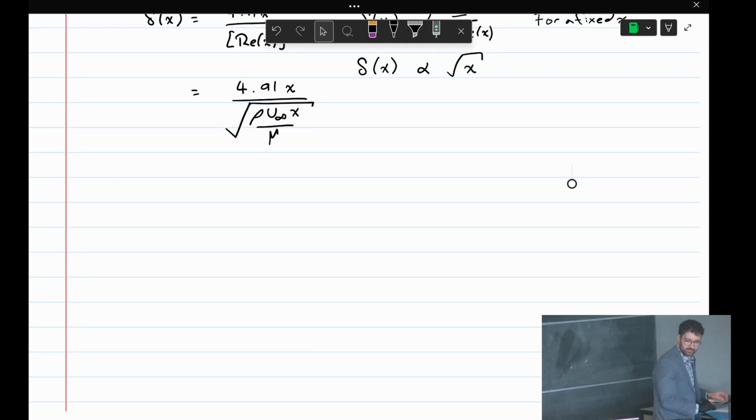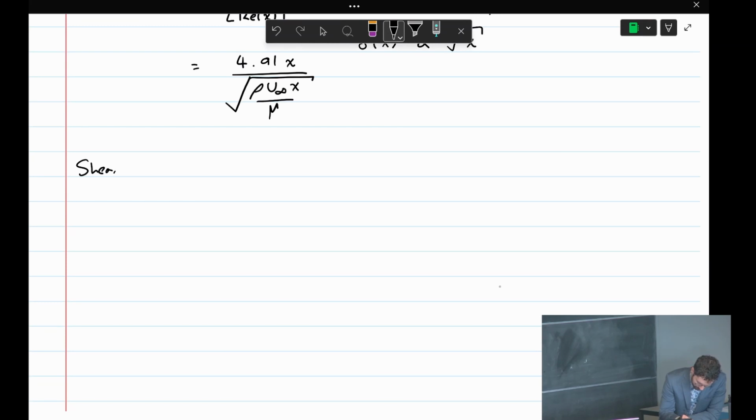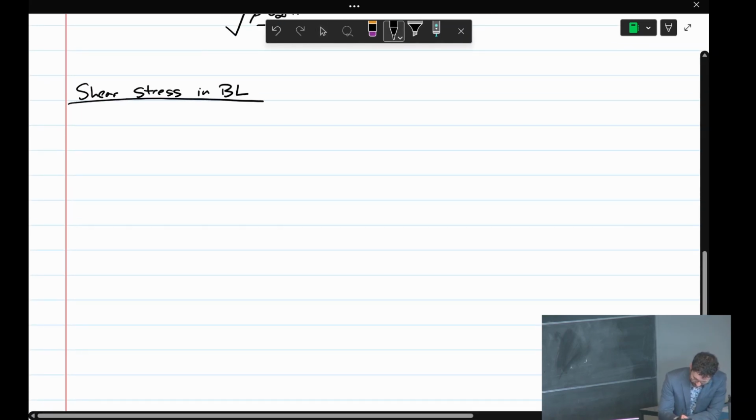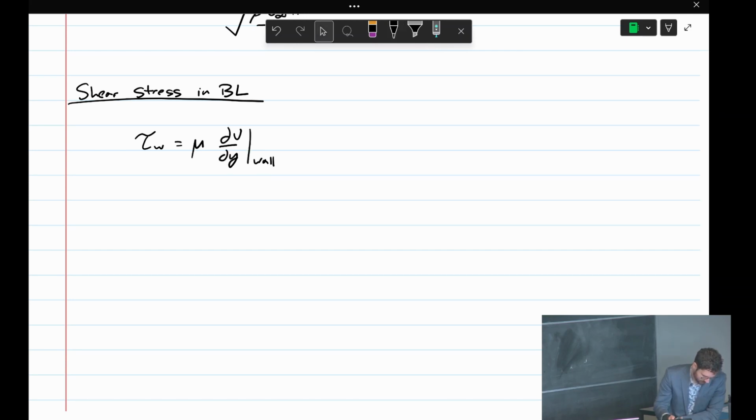Let's talk now about shear stress within a boundary layer. This is the wall shear stress expression for a Newtonian fluid. Okay.